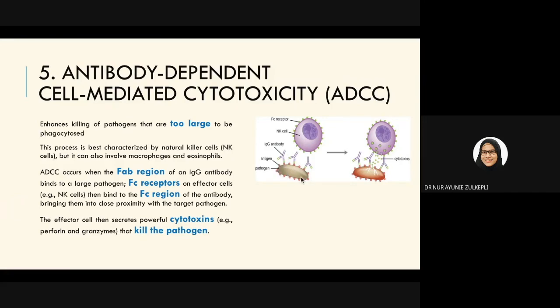Okay, so this is the pathogen with the epitope exposed and interacting with the Fab region of the antibody, and then the antibody also has the Fc region exposed here that will be recognized by the Fc receptor on the natural killer cells.